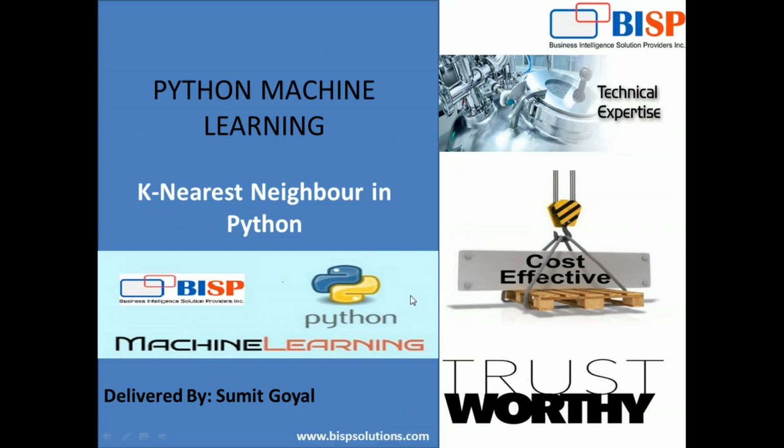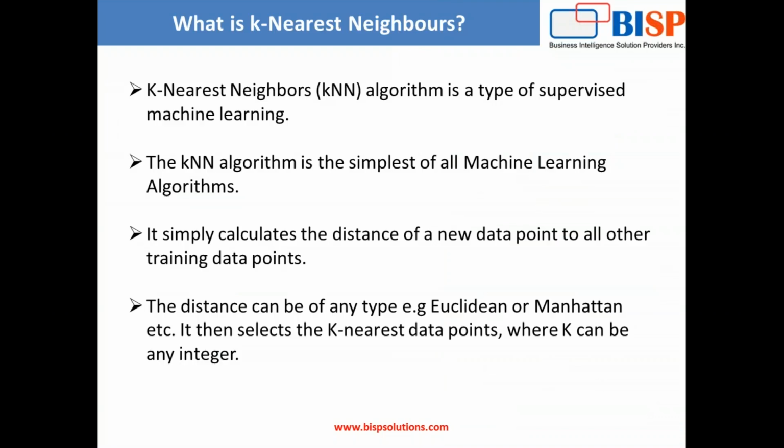So let's try to understand what exactly KNN is and how we can implement the KNN algorithm in Python. KNN can be used for both classification and regression predictive problems, and it is widely used in classification problems in the industry.